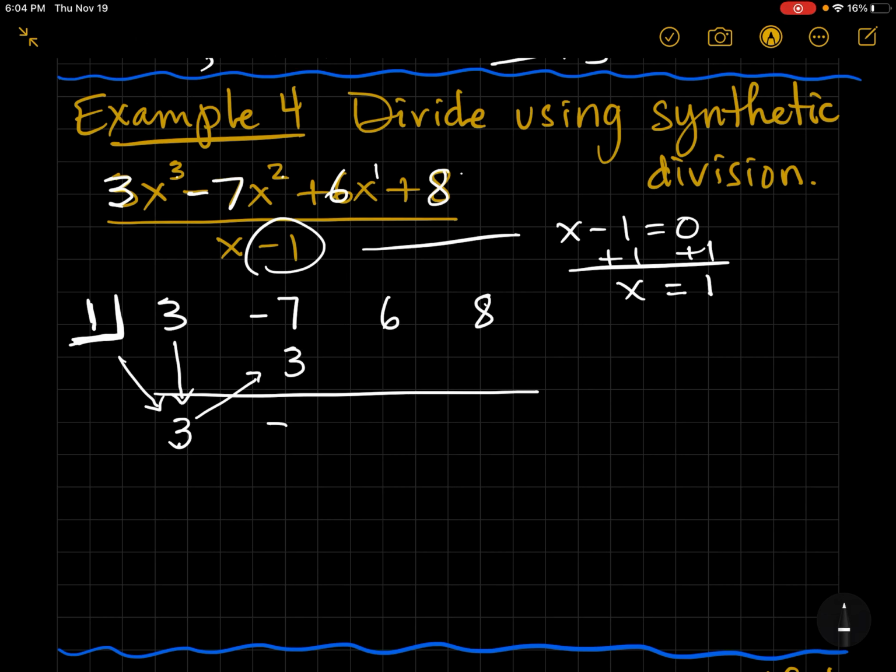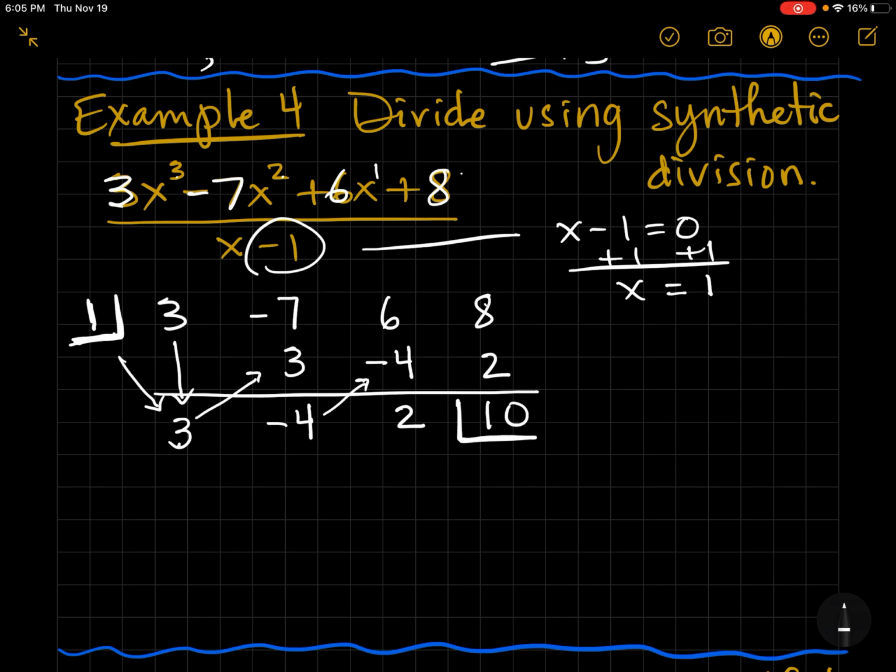You always combine like terms or just add straight down. And now you're going to go back and multiply by what's in the box and put it above. You always put it above the next line. You add straight down, multiply by what's in the box, add straight down.